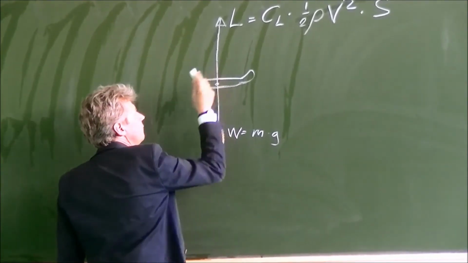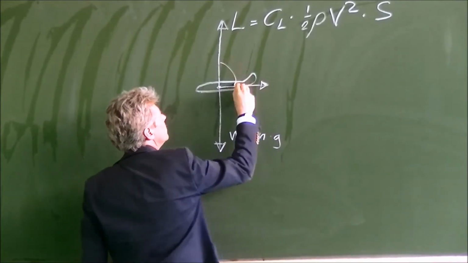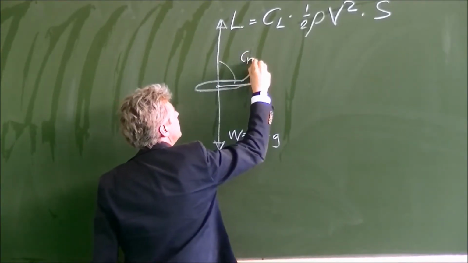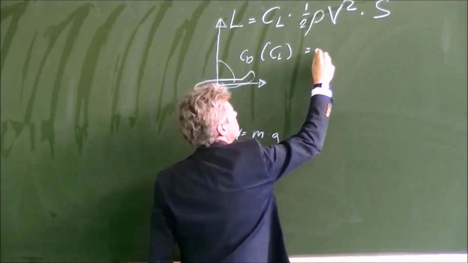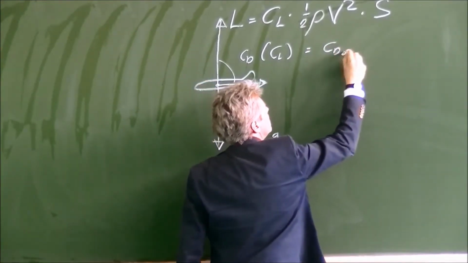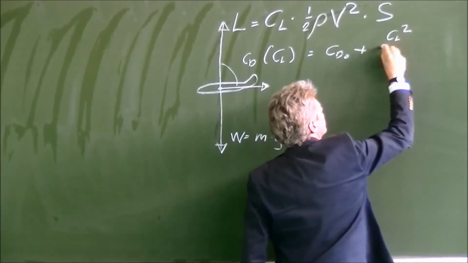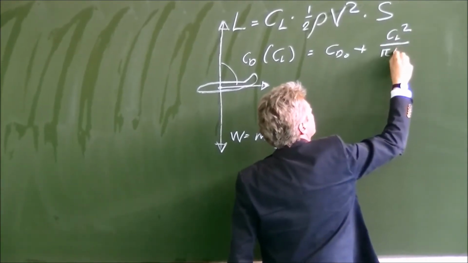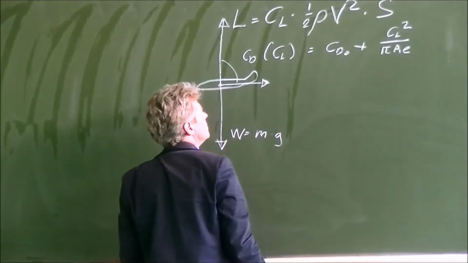This lift is generated at a cost, which is the drag, and this relation is often given. The CD as function of CL is given, for instance, CD0 plus CL squared divided by pi times the aspect ratio of the wing times the Oswald efficiency.